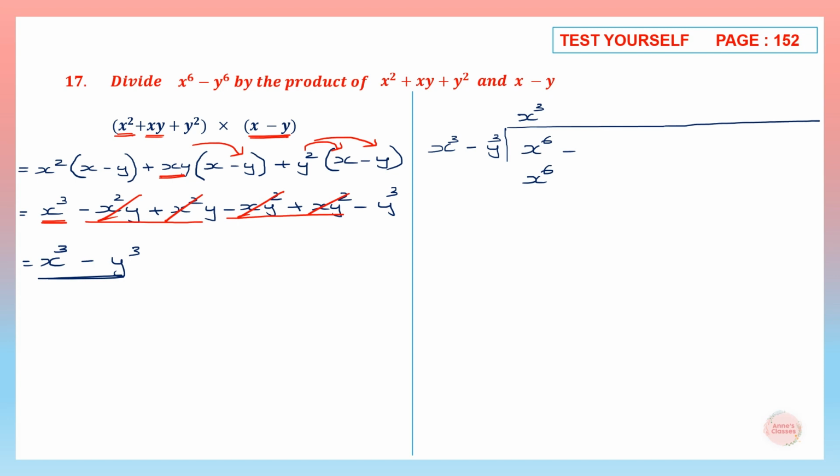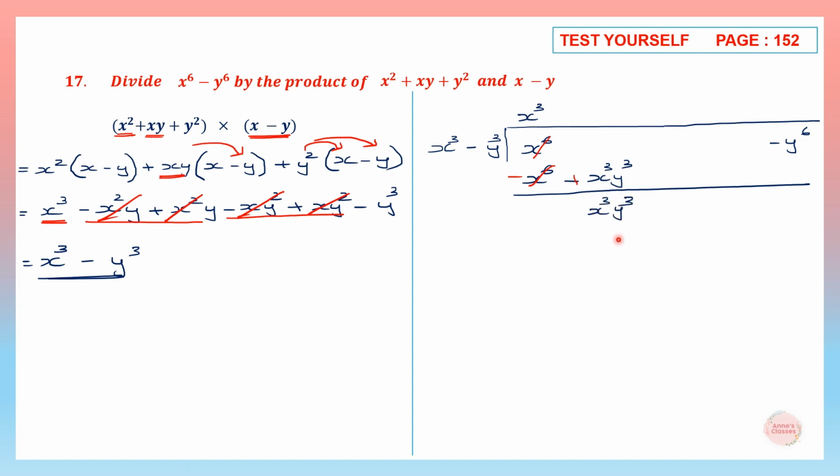Let's remove this minus y to the power of 6 and put it at the end, because we need to fill in all the other gaps. x cubed into minus y cubed, the sign is minus, that becomes x cubed y cubed. Okay, now let's subtract. So this becomes minus and this becomes plus. This gets cancelled and what is left is x cubed y cubed.